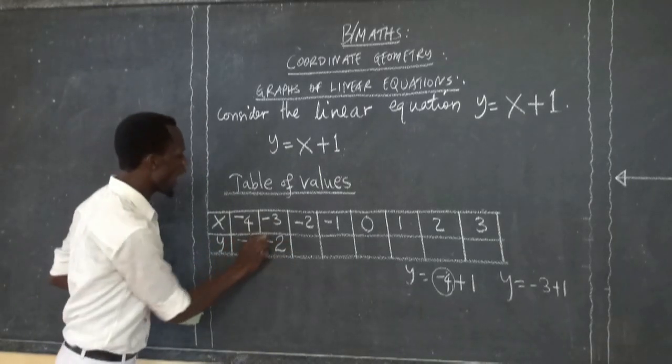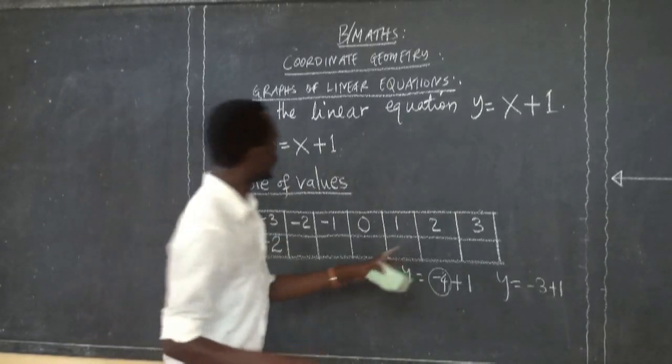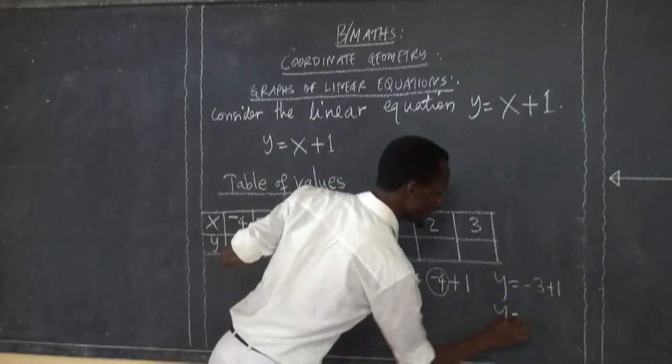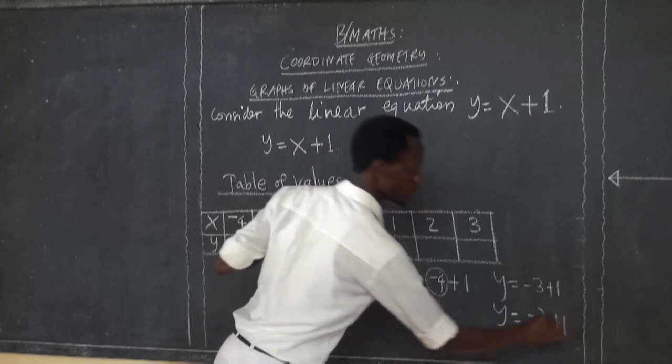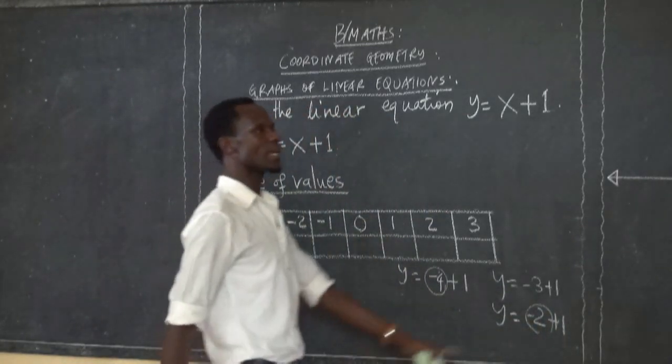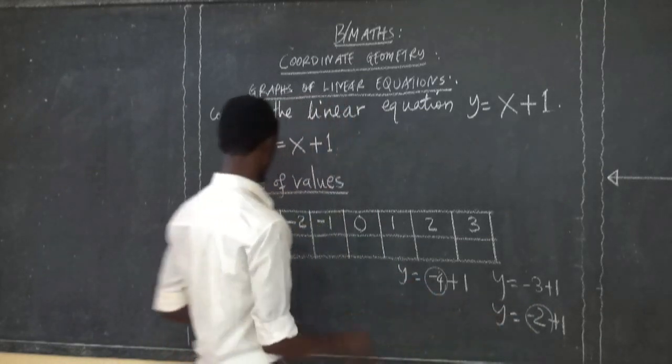Now for x = -2, y = -2 + 1, which is -1.